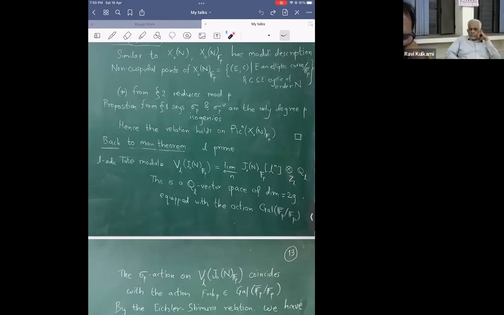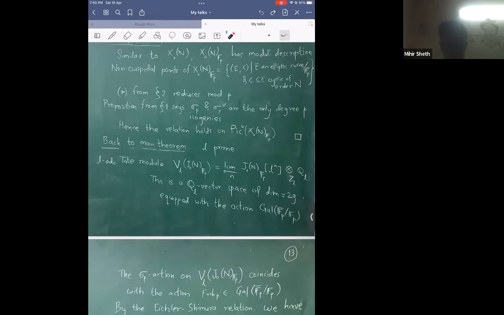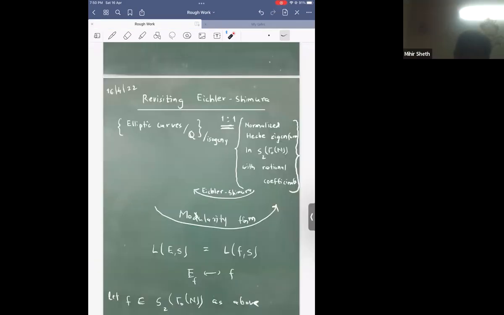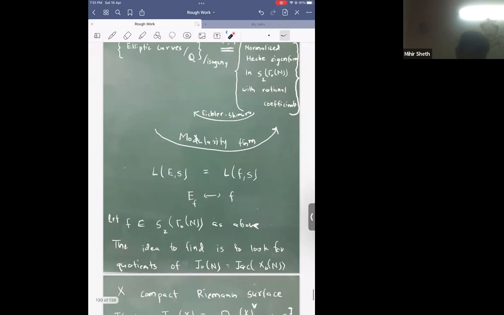I mean, E_F, which is by definition the Galois representation attached to cusp eigenforms. Okay. And why do we have this equality, the equality of L-functions?